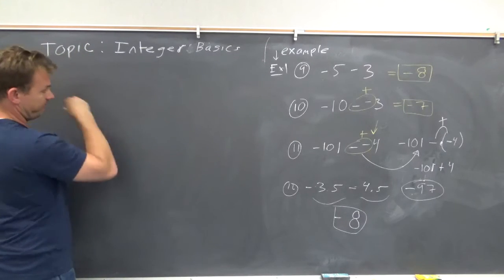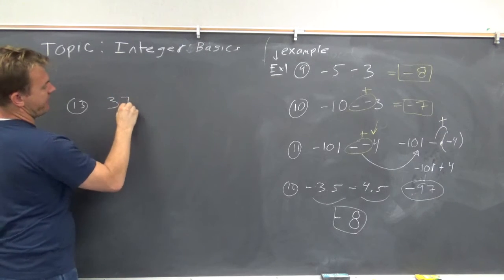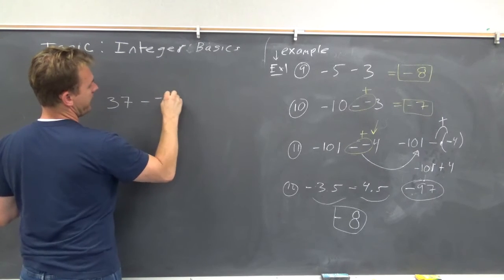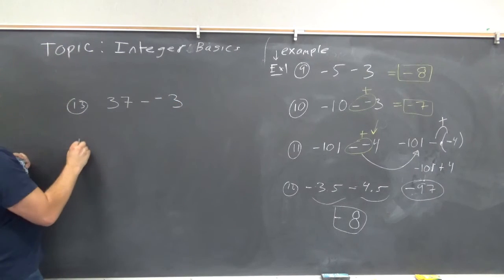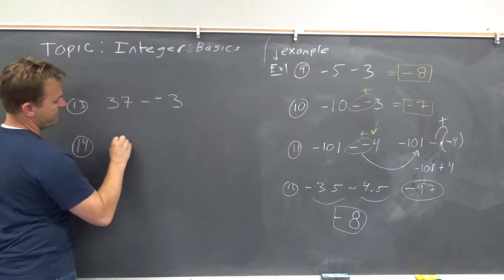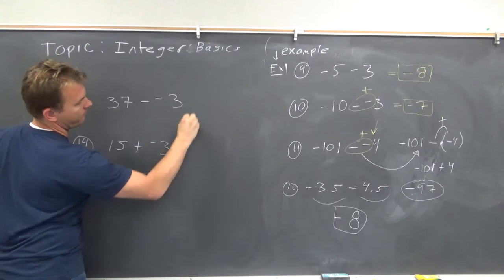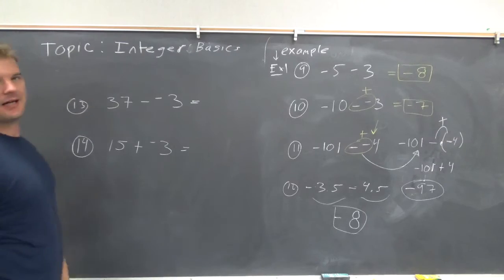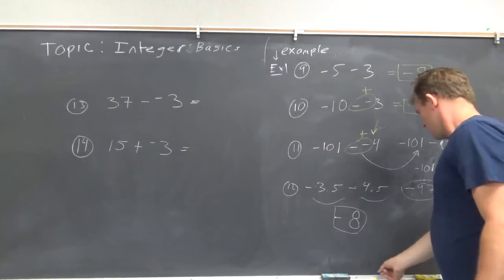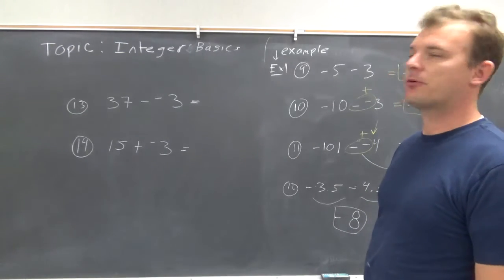Let's do 37 minus negative 3. 14. 15 plus minus 3. Try those two. I'm not going to give you decimals or fractions this time. So stop this video if you need to and work these out. These should be pretty straightforward.